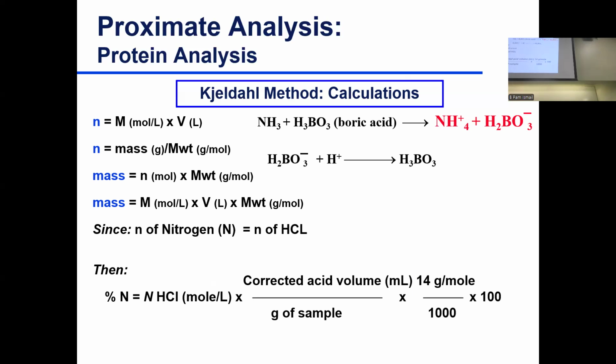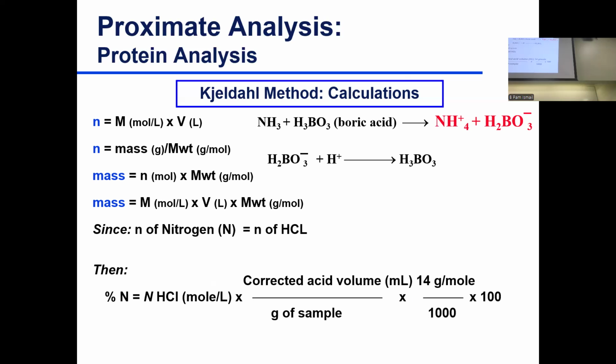So at equilibrium, when you are done with the titration and you got to that faint pink color, the number of moles of HCl equals the number of moles of what at equilibrium? What do you see in the equation?